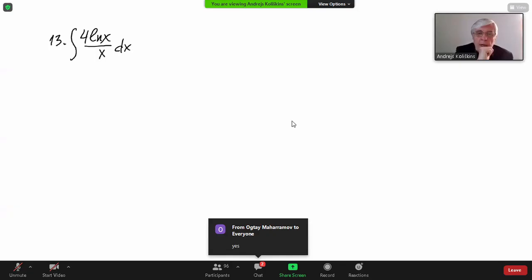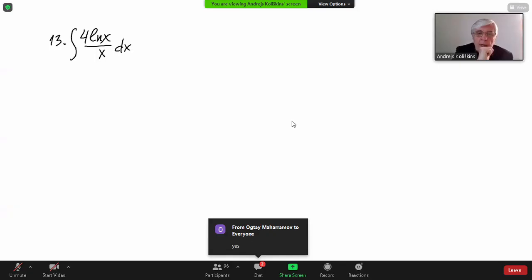dx divided by x. In other words, I need to find the function whose derivative is 1 divided by x. So this function is the natural logarithm. You see that in this case, we have to have a table of integrals and a table of derivatives. And then if you do this, the problem becomes solvable. Okay.